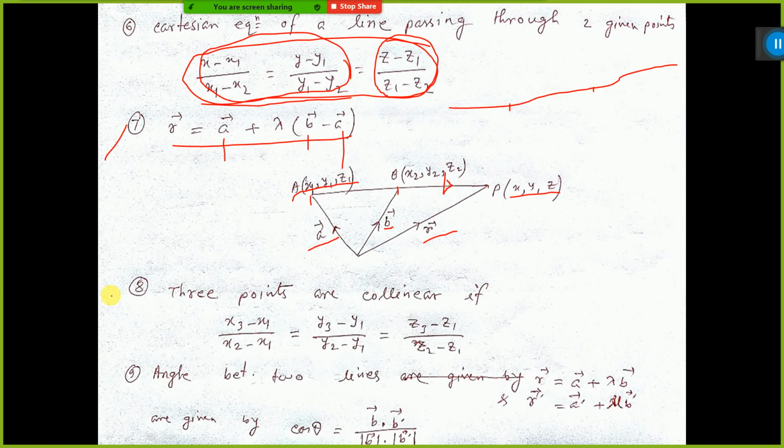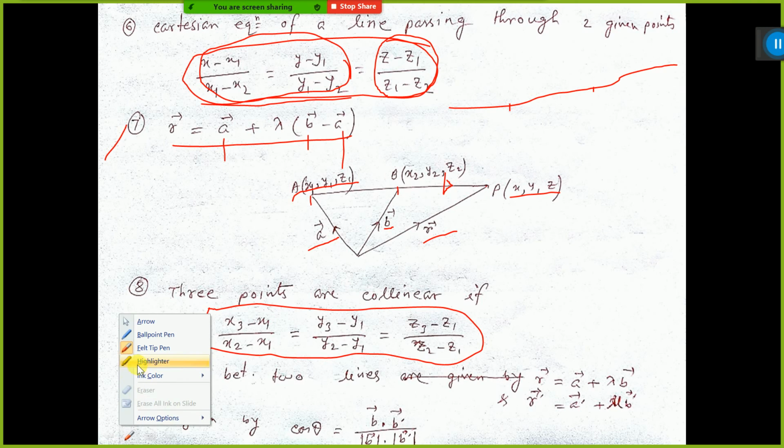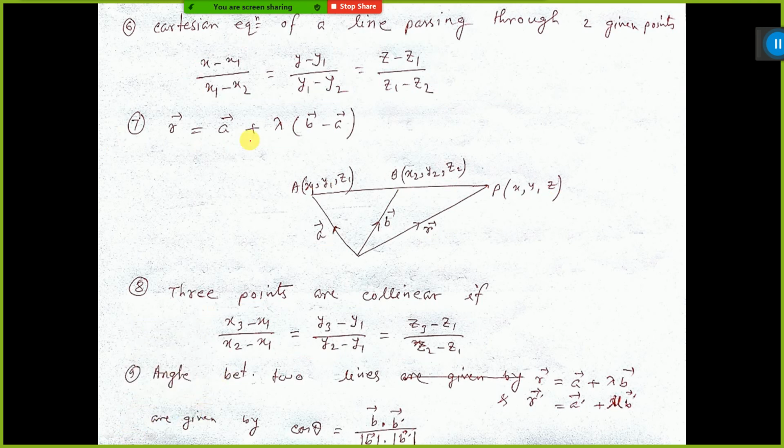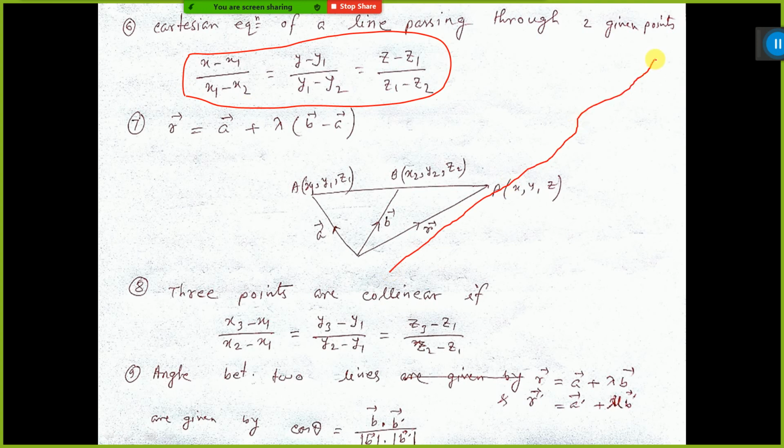Now 3 points will be collinear if this is the result. Actually what is done? These 2 points form, you see here, 2 points form, I am showing you. This is the 2 points form, and it is telling that 3 points are collinear. Let's say one line is this, 1, 2 and 3.